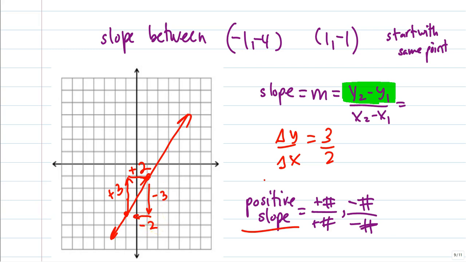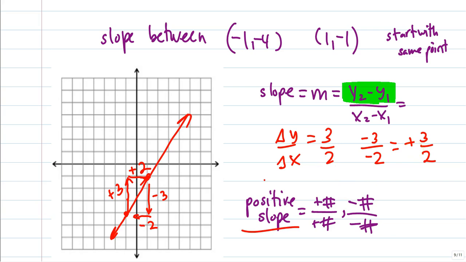Does that change our slope? Well, if the change in y was negative 3 and the change in x was negative 2, is that still a positive slope? Well, a negative divided by a negative is still positive. So this is where, with a positive slope, I can have 2 positives, or if I have 2 negatives, it's still a positive slope because they cancel to make that positive.